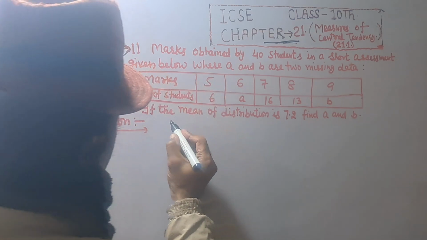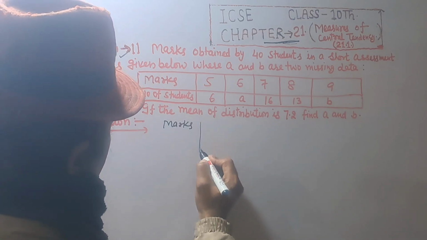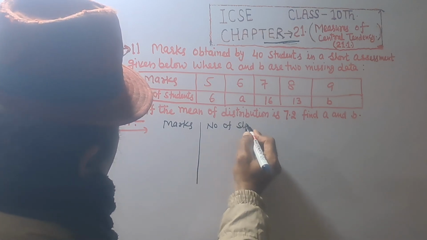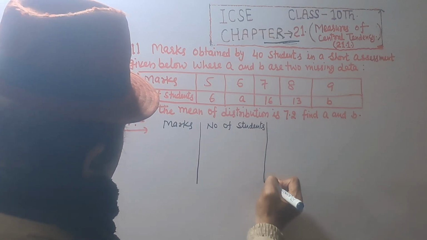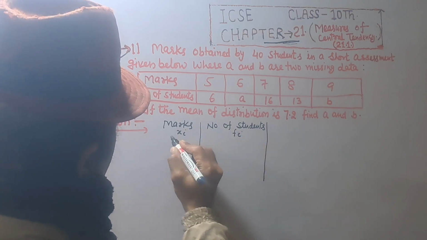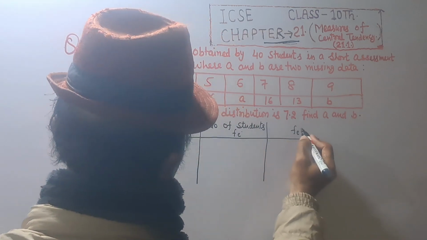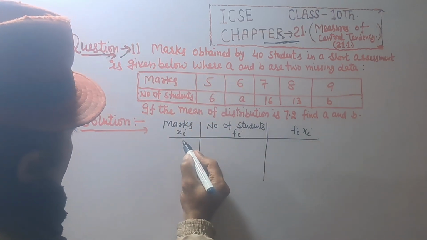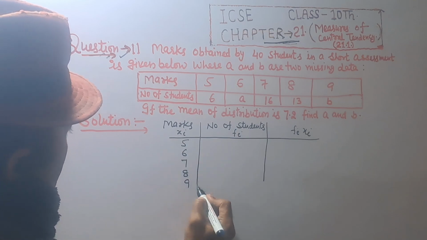Marks, number of students, Xi and Fi, Fi into Xi. Marks Xi are 5, 6, 7, 8 and 9.